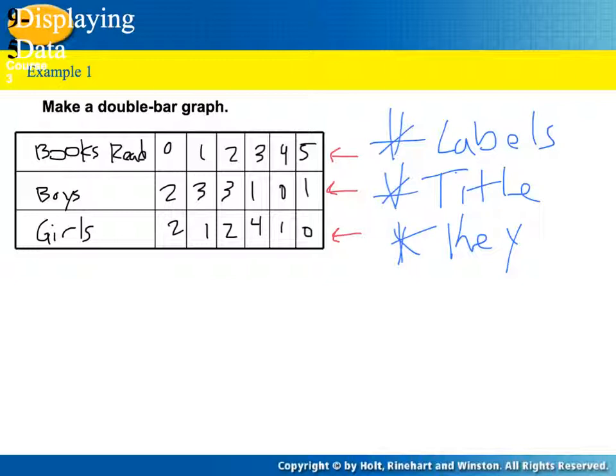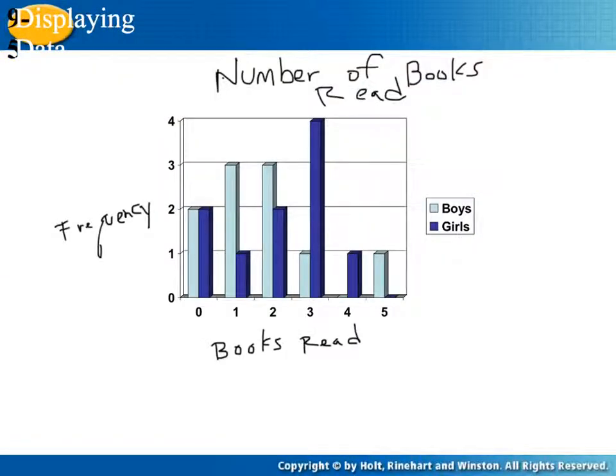All right, double check that you have those labels, titles, and keys, and this is what it should look like. Okay, I have my titles, my labels, my keys. My bars are going up to the correct data points. I have my key over there on the side that identifies boys and girls. Now, your title may be slightly different.